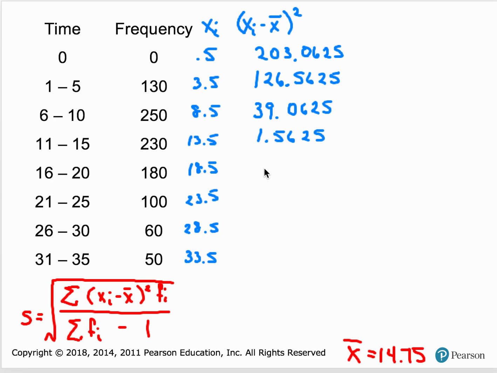Okay, 18.5 minus 14.75 squared, 14.0625.